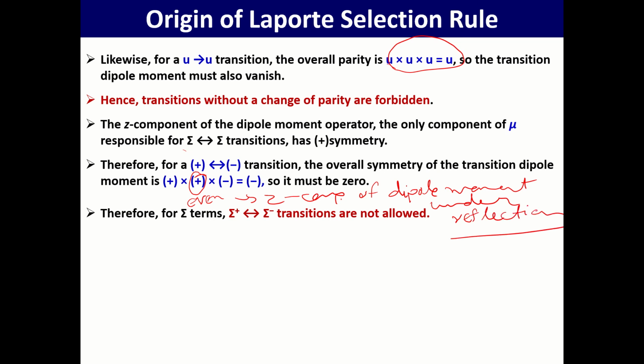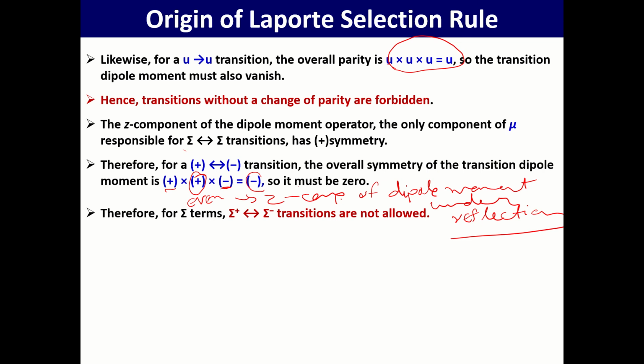When you do the reflection operation, there will be no change, so that will remain behaving as an even function. So plus, minus, if you put it like this, one of the functions has a plus sign and another has a minus sign with respect to the reflection symmetry, then overall is minus and the overall integral will be 0. Any odd function's integral becomes 0.